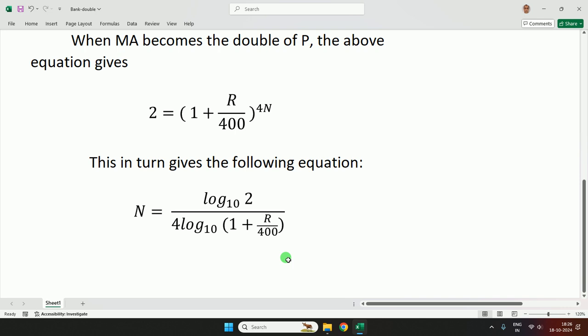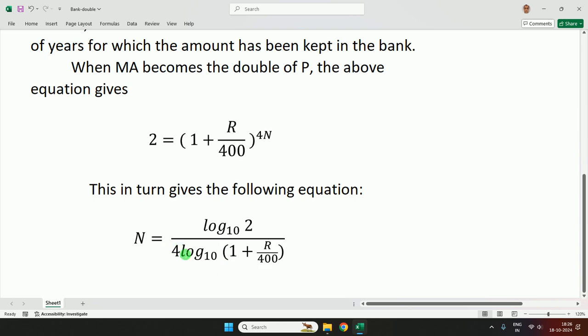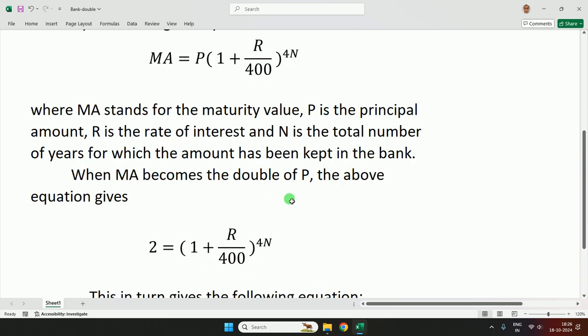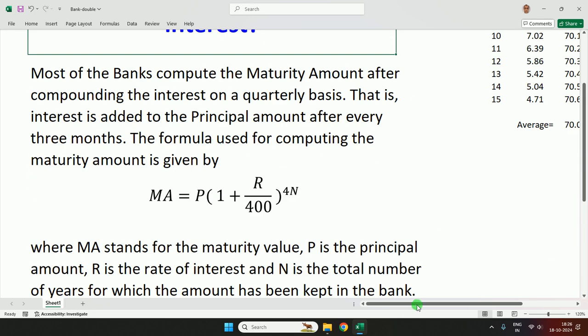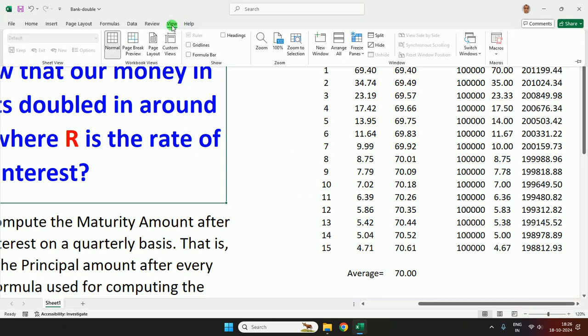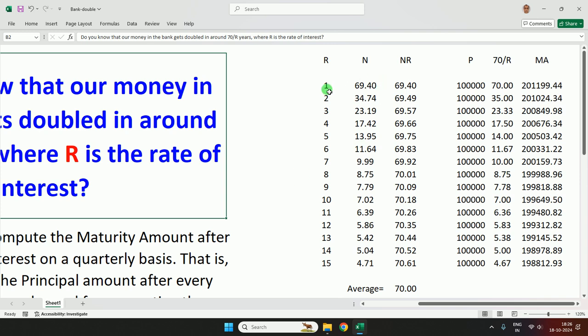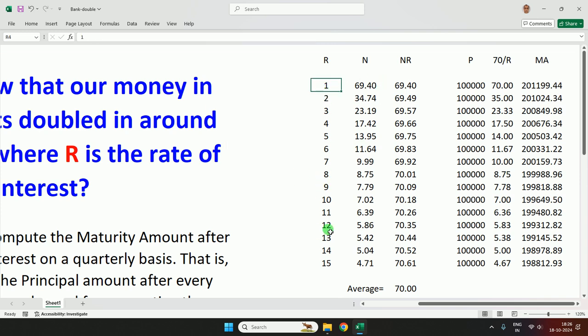I have prepared a table to compute this particular value and also for this particular maturity amount. So, here I have taken the rate of interest R. I show you the formula bar so that you can see what is there. This is the rate of interest. This is the number n, number of years. So, this has been computed.